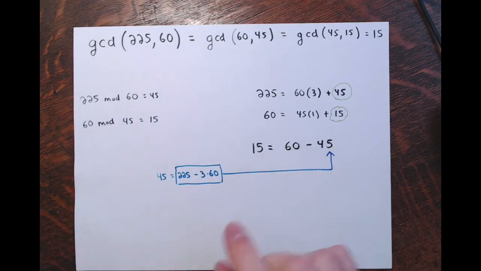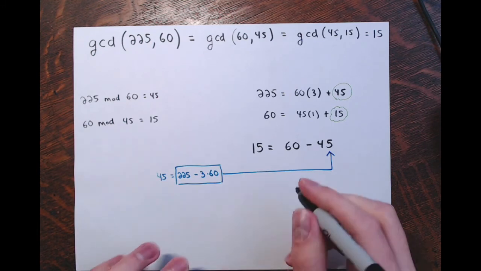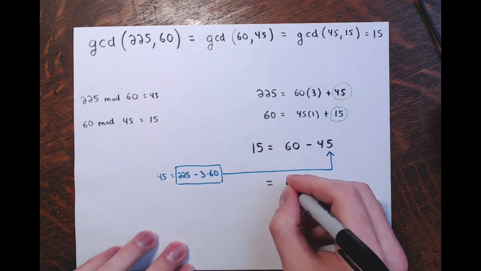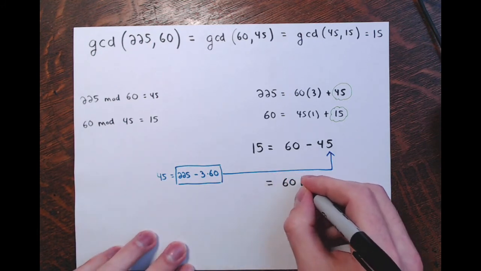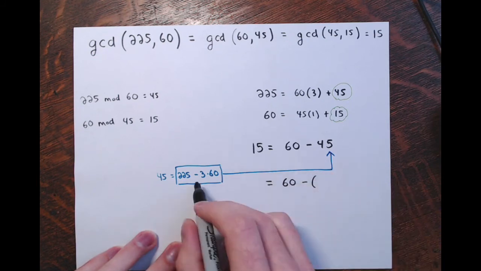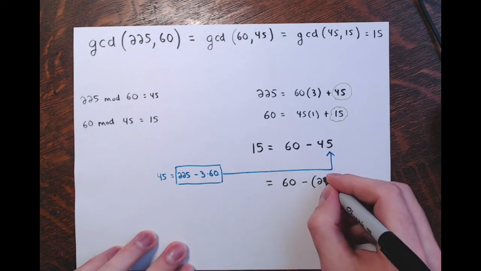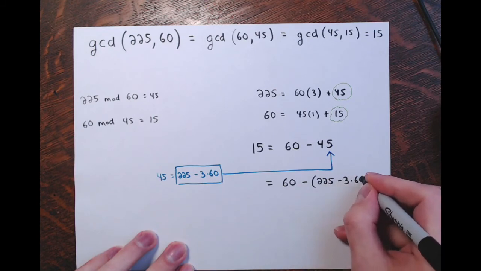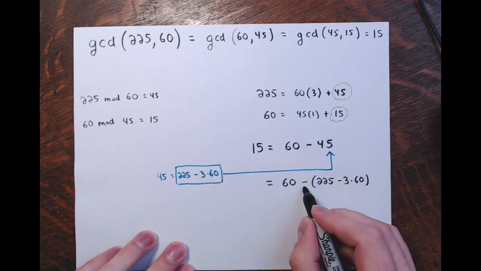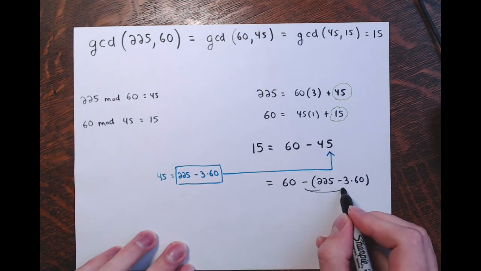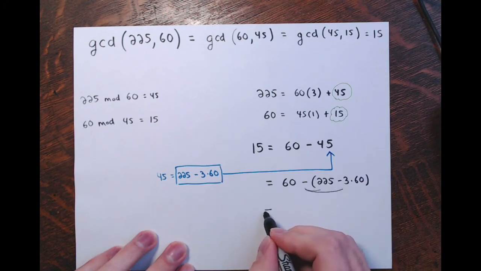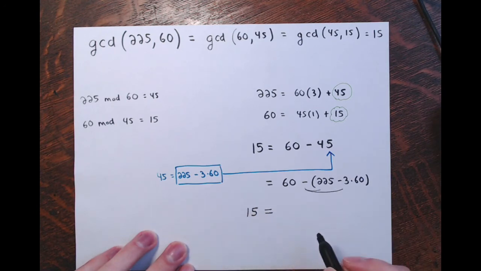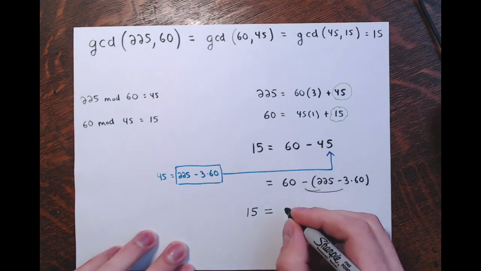We want to keep the 15 equals. So I have 60 minus and then 45 now is this quantity, this 225 minus 3 times 60. And I'm going to distribute the negative. Right? So finally we have 15 equals negative 225, right?